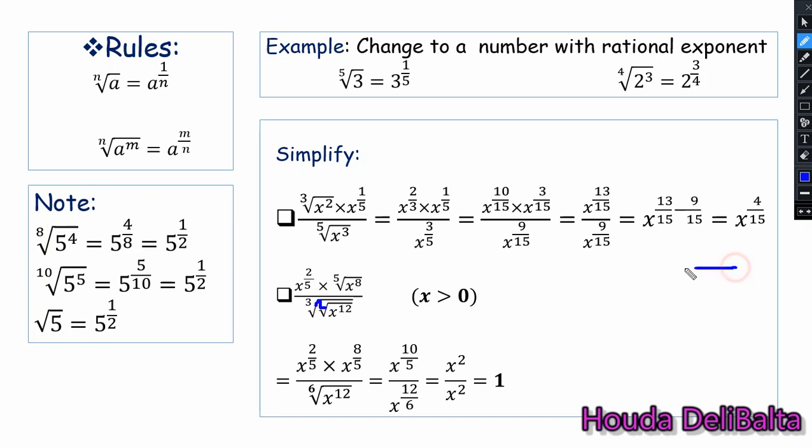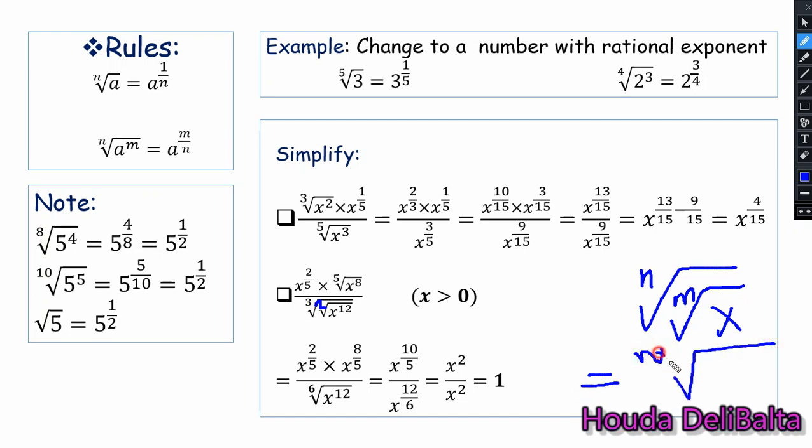So if I have an nth root of an mth root of x, I can write it as the n times mth root of x. I can multiply the indices and put one radical sign. Okay? So let's continue.